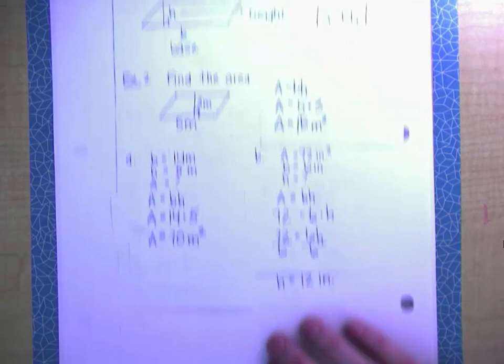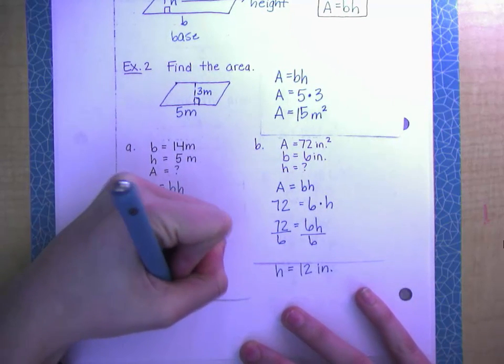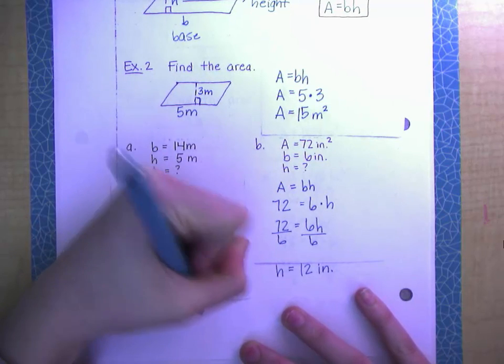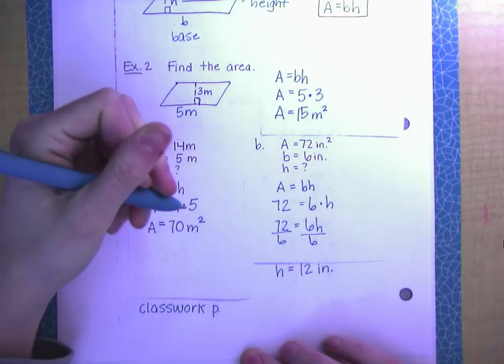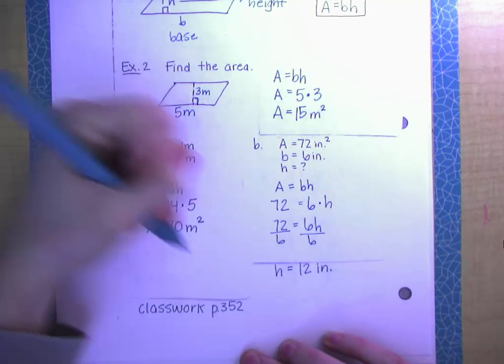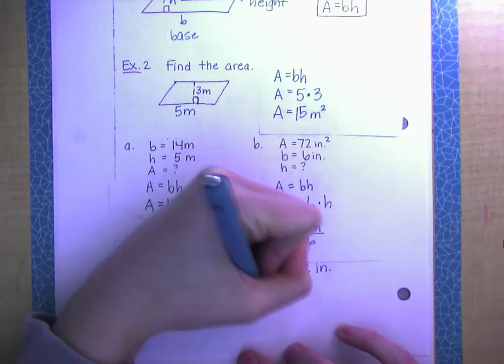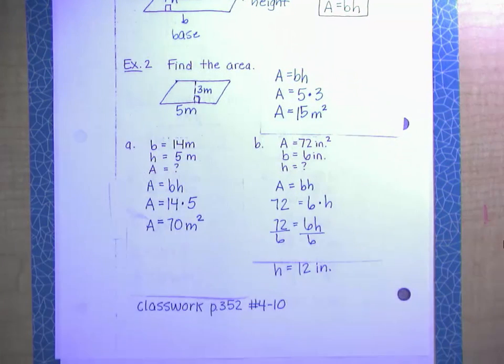Okay, so what I want you to do now for classwork, go ahead and jot this down. You're going to get your books and turn to page 352. And you're going to work through numbers 4 through 10. You're going to do all of them. This is only 6 problems. So if you sometimes do the evens or odds, you need to do all of them. Okay?